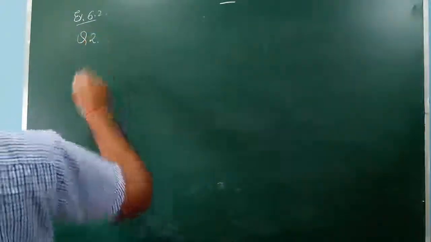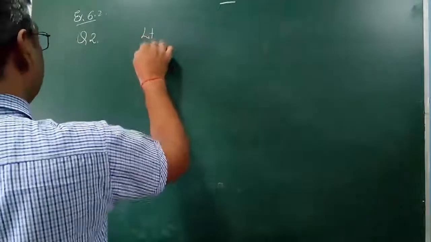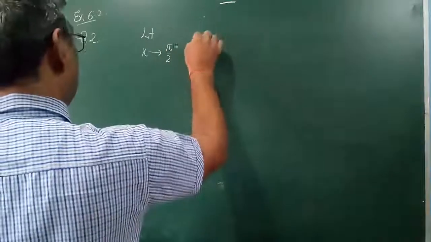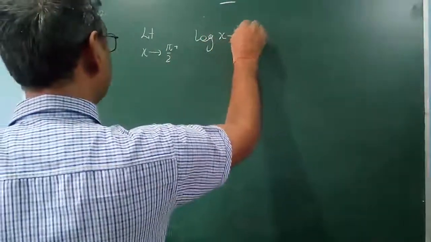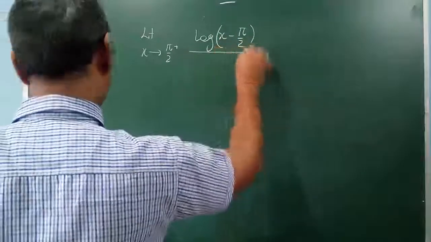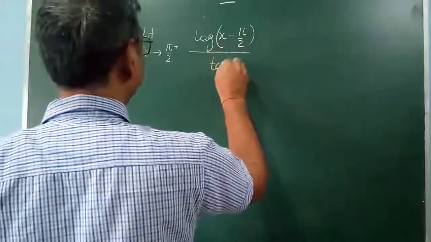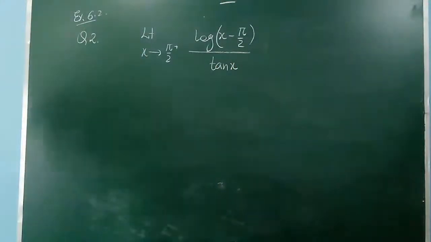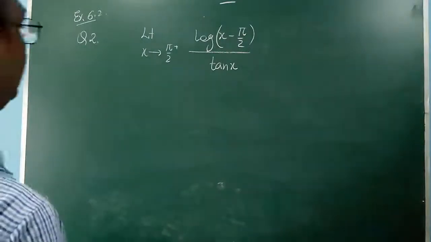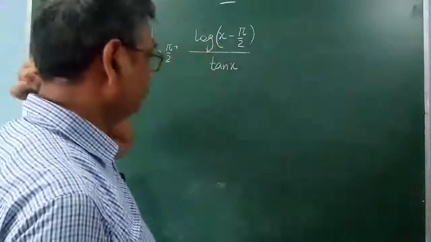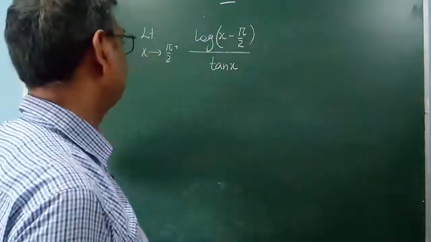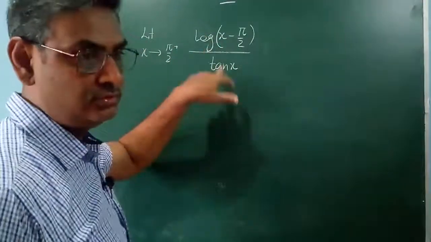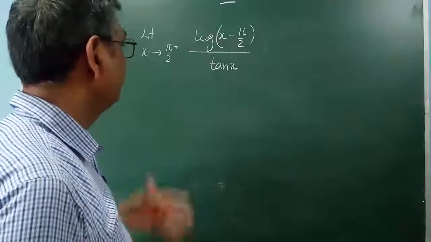Question number 2. Limit x tending to pi by 2 plus log of x minus pi by 2 upon tan x. If I put here pi by 2, then what will happen? Here it will become log 0, and tan pi by 2 is sin pi by 2 by cos pi by 2.